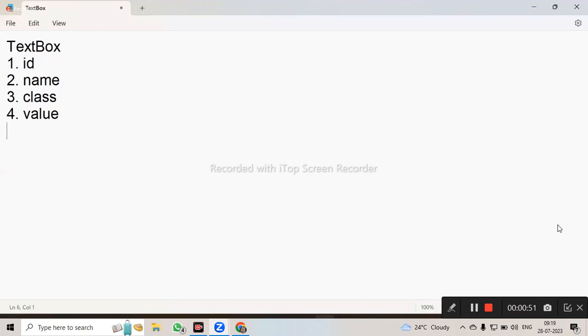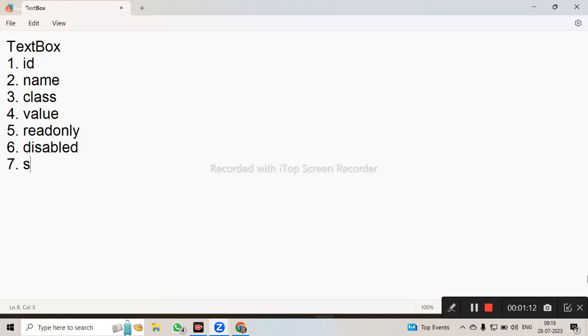We have value. Value is the default value. We have read only. Read only will not allow modification, but it will allow submission. We have disabled. It will not allow modification and also not submit. We cannot submit if it is disabled.